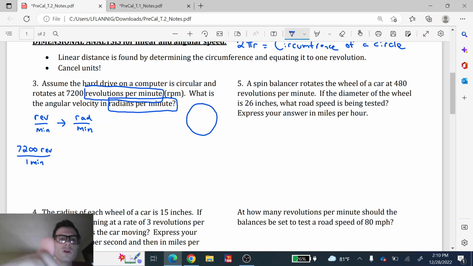And we know 1 revolution of a circle is how many radians? That's 2π. So this is for all circles. If you do 1 trip around a whole circle, 1 revolution is equal to 2π radians. So we would have times 2π radians for every 1 revolution that you do.